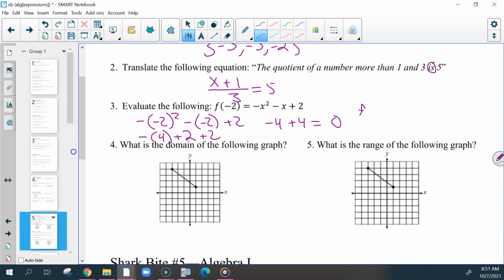So you could say f of negative 2 equals 0. For which part? -2 times -2. Make sure you're using parentheses, because if you didn't, you ended up with something different.